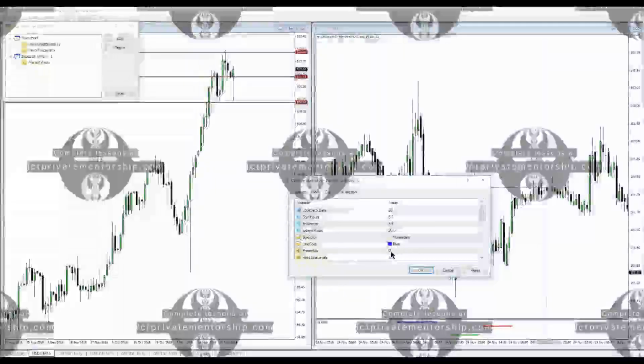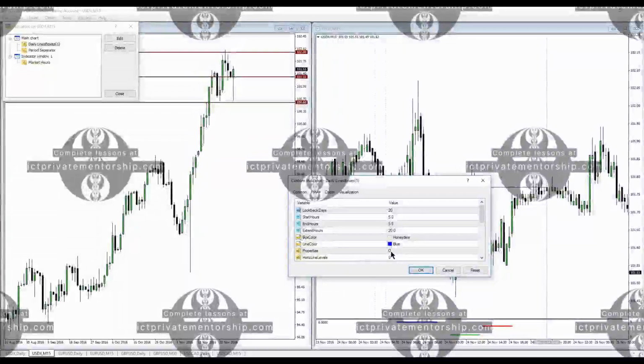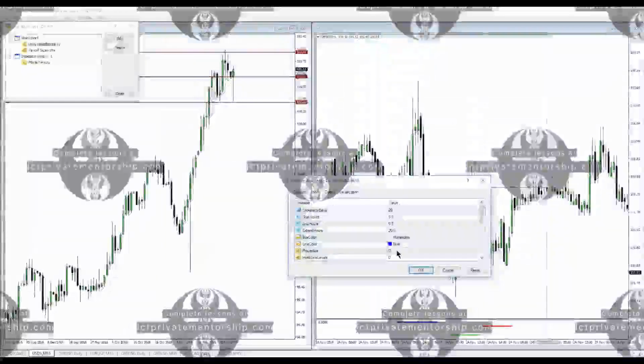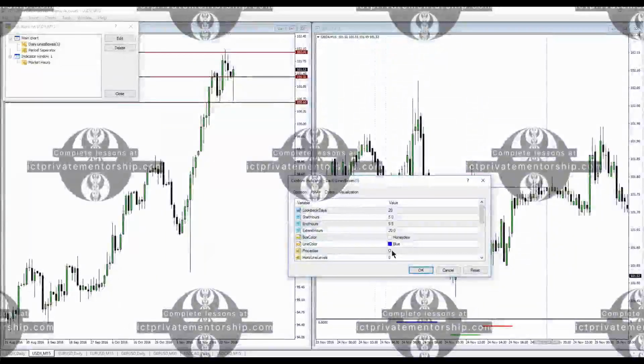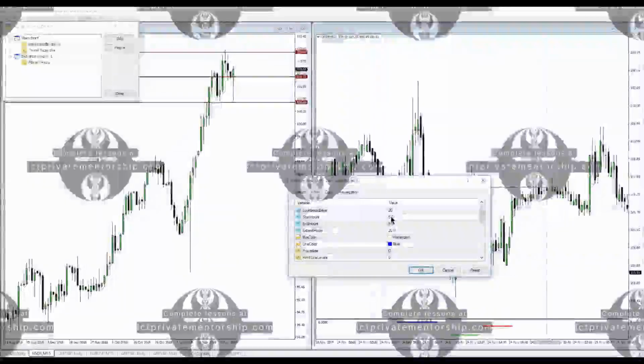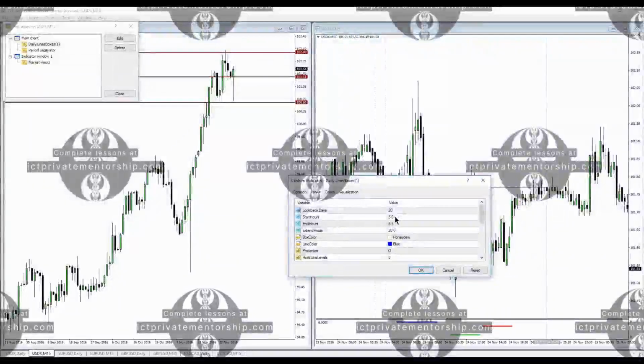Down here where it says properties, when you download this indicator, it's going to give you some default text. You want to delete all that and just put in the capital letter O. That's going to show you the opening price only, with a blue line that begins at 5 GMT and extends out to 20. That's what these numbers tell you.